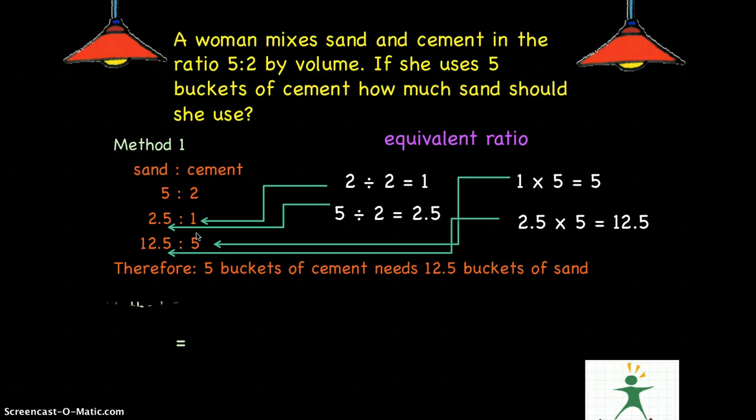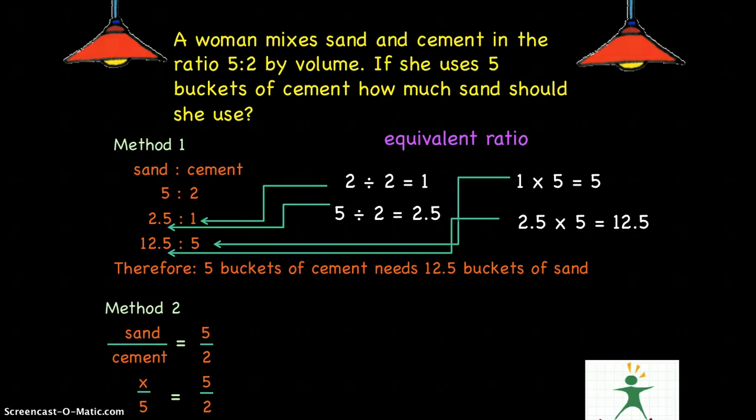On the other hand, in method 2, you can actually use cross multiplication. So 5 is to 2. This is sand over cement. Make sure that you're always lining it up. So then we know that we want 5 over 2.